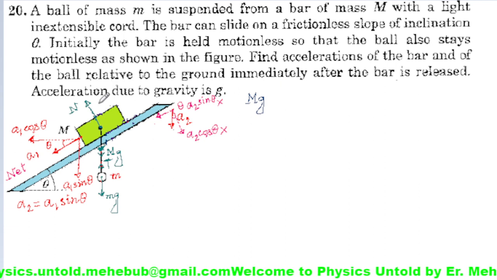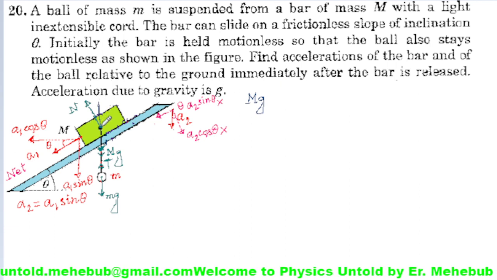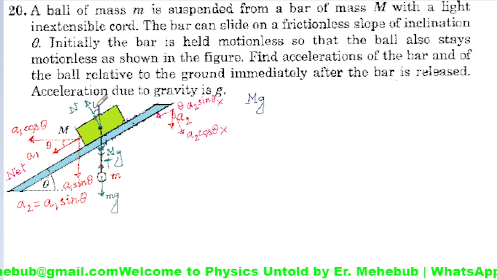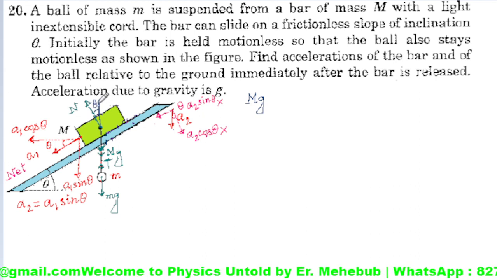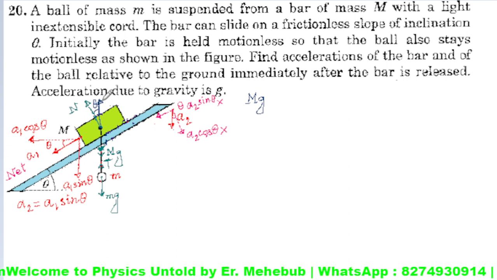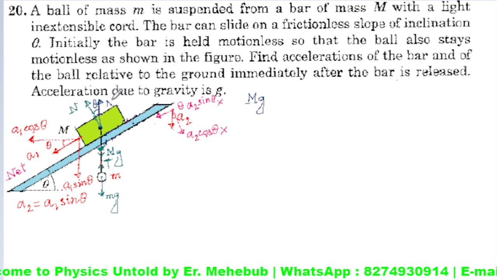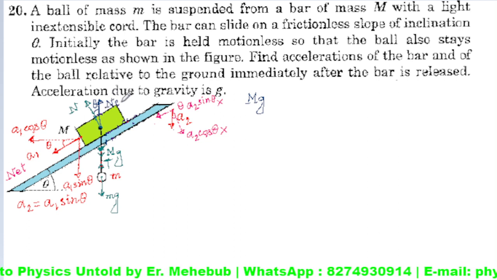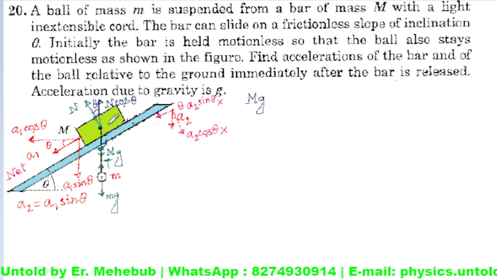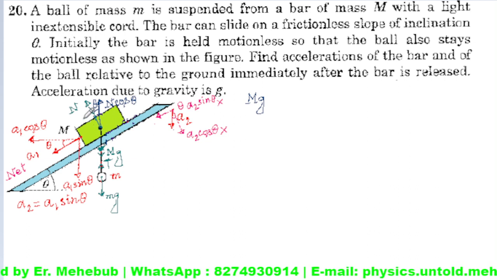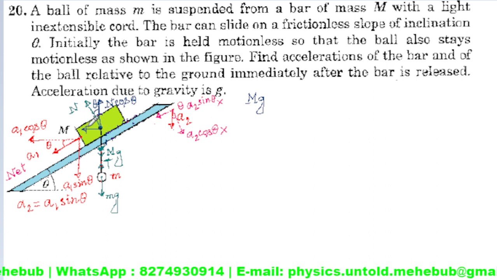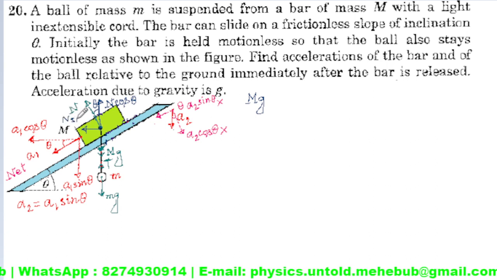Now if we resolve N into components, this angle is equal to theta, therefore the vertical component of N should be N cos theta, and the horizontal component of N should be N sin theta.